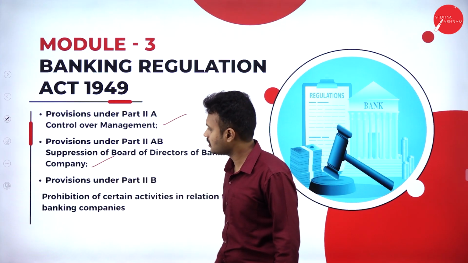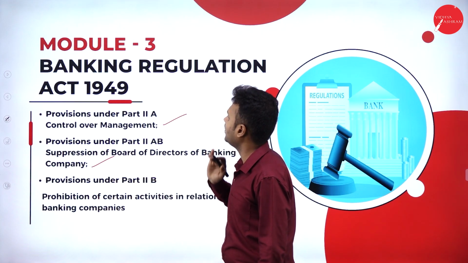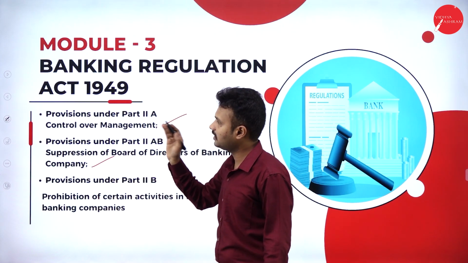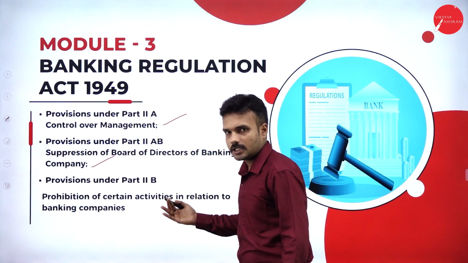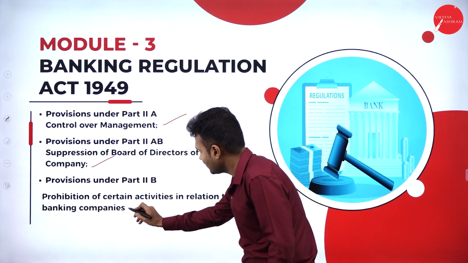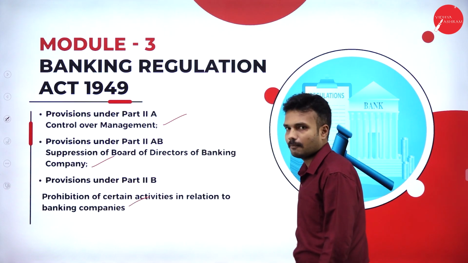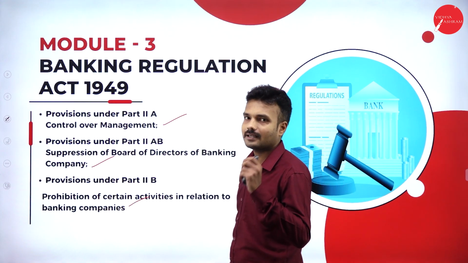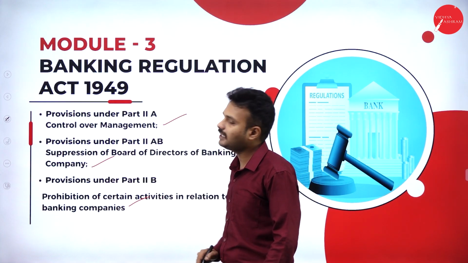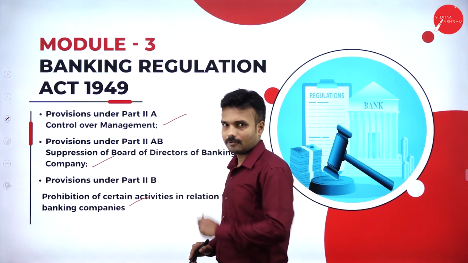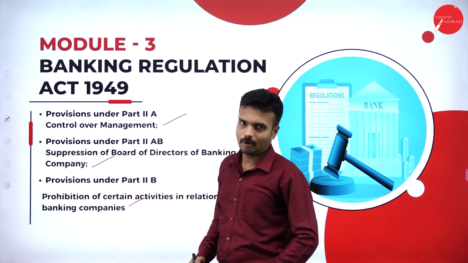Under Part 2B, we are going to study the prohibition of certain activities in relation to the banking companies. There are some prohibitions which apply to banking companies that we are going to study under this topic.